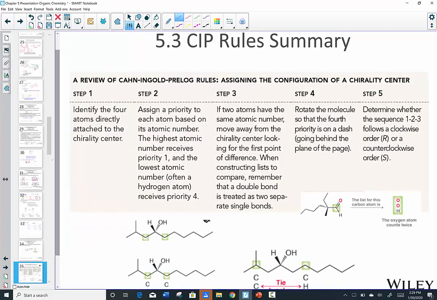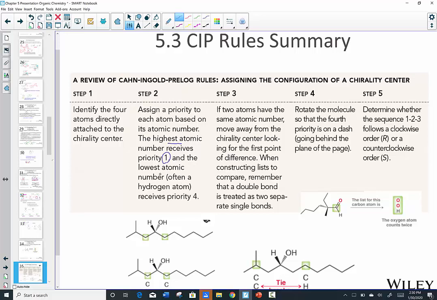When assigning an R or S configuration, here is the Cahn-Ingold-Prelog rule summary. We want to identify the 4 atoms directly attached to the chiral center. And we do so in order to assign a priority based on the atomic number. The highest atomic number receives the priority number 1. Highest priority is the highest atomic number.